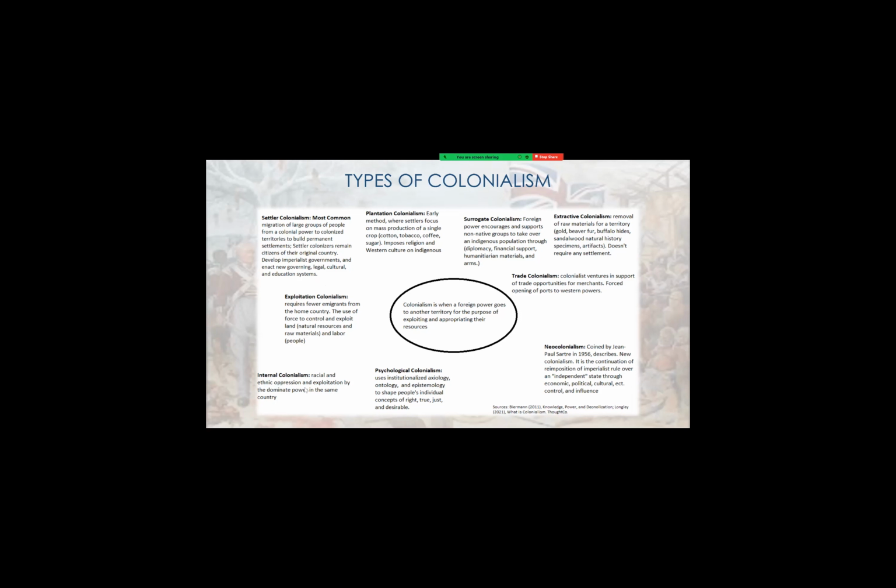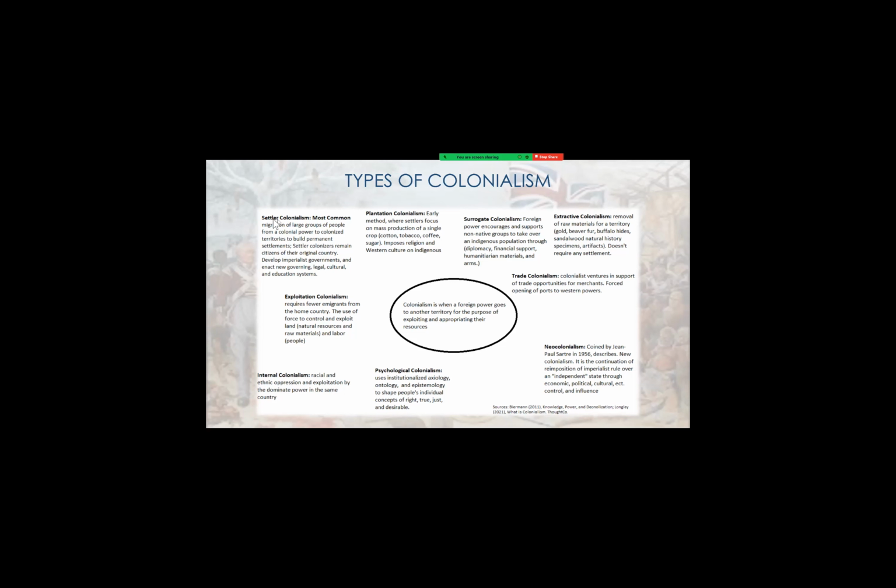It's racial and ethnic oppression and exploitation by the dominant power in the same country. It is enabled by psychological colonialism, which uses institutionalized axiology, ontology, and epistemology to shape people's individual concepts of what is right, true, just, and desirable.